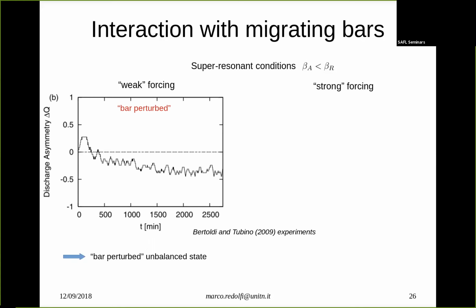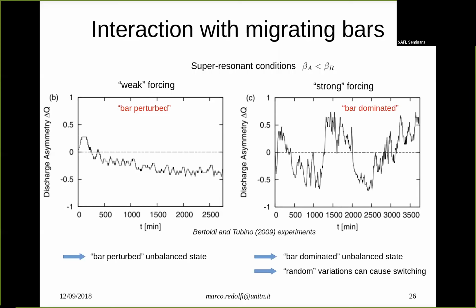This is what they call bar perturbed, because the bar makes the system oscillate, but one of the two channels tends to dominate. On the other side, when the forcing effect of bars is relatively strong, you can have a switching behavior, which transitions between one state and the other state.